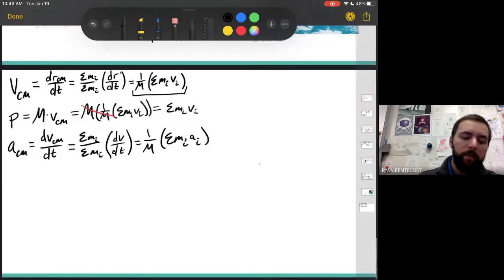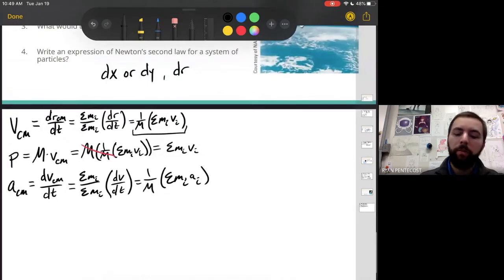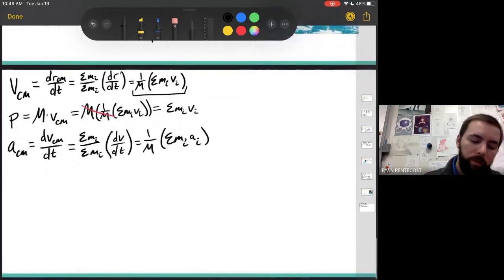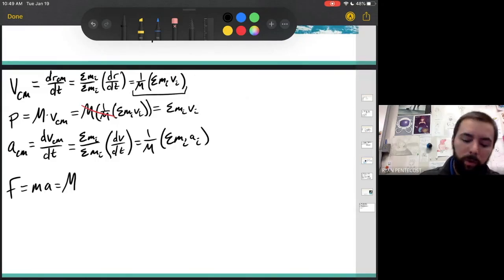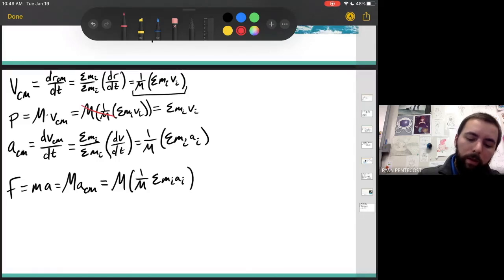Now, the last one asks, write an expression for Newton's second law for a system of particles. So if we have Newton's second law, F equals ma, we're now going to rewrite that as the mass of the system of particles times the acceleration of the center of mass. So you have mass times 1 over m sigma m_i a_i.